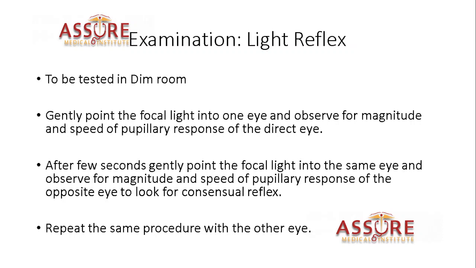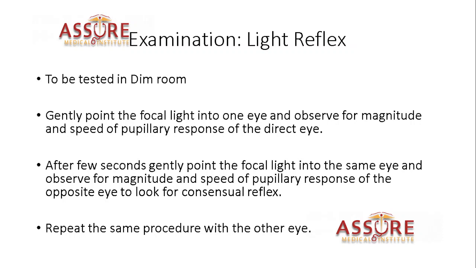Coming to light reflex, it is to be tested in a dim room. Gently point the focal light into one eye and observe the magnitude and the speed of the pupillary response of the direct eye.